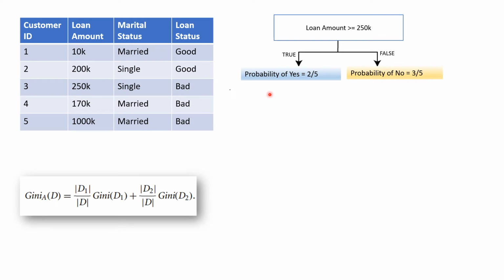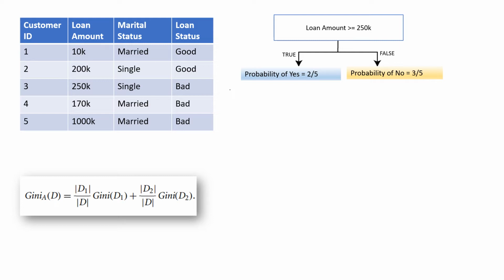Let's calculate the total Gini index now. What does our formula say? We have to compute the Gini index of the individual node and then multiply with the weight, which is the probability, and then sum it up. So let's do this.